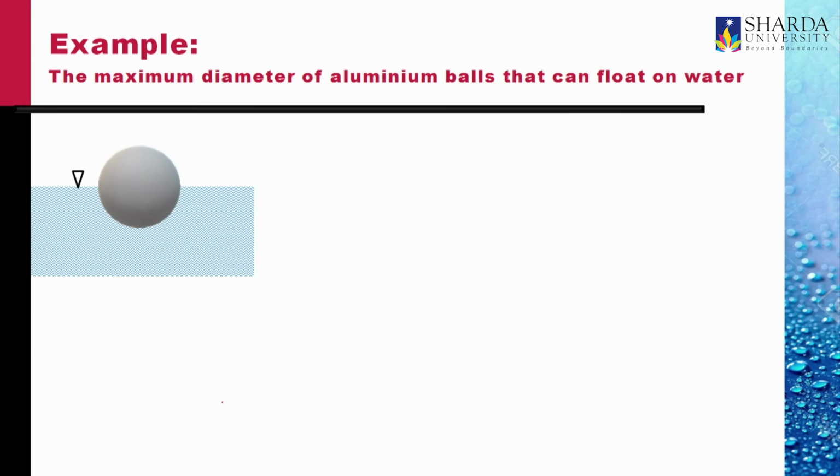It should stand to reason if we argue that at the maximum size of the ball, when the weight of the ball would be maximum, the surface tension force would be maximum. And the maximum surface tension force would occur when the ball is immersed up to its equator.